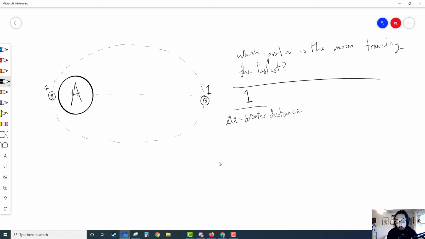Therefore, at position 1, we can say it has a greater gravitational potential energy. And versus at location 2, the distance that the moon has from the planet is pretty small, right? Therefore, we can say it has a small gravitational potential energy.